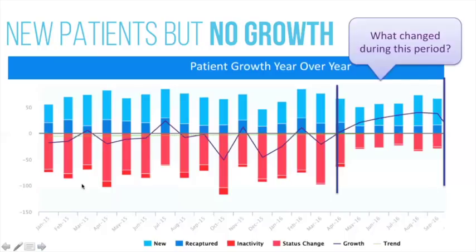What happened was they became aware and they started closing that back door, as we say, right? They looked at, are we just doing random inactivation of patients? Are we even calling patients and trying to recapture or reactivate them?